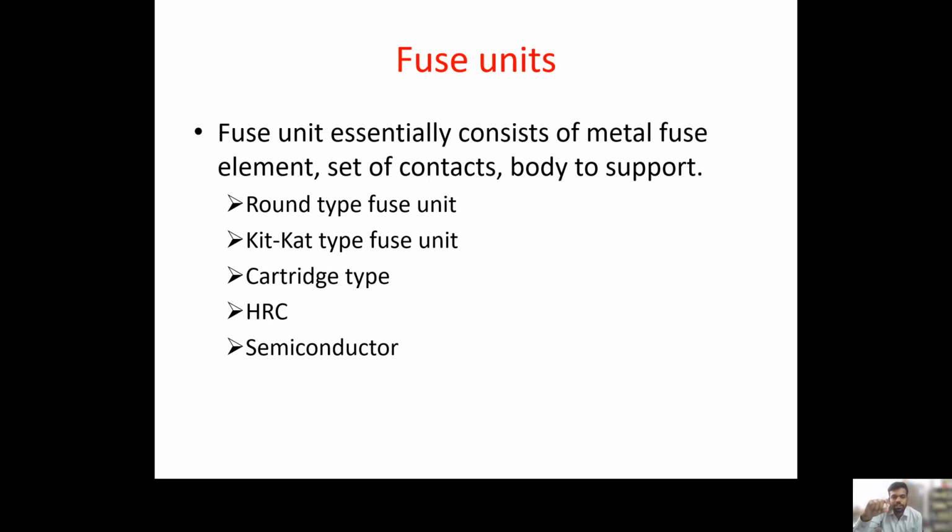The cartridge type fuses look like a cartridge, a tank-like structure. At the ends, two metal strips are provided, which are the links to the service mains, and to the two incoming and outgoing lines.